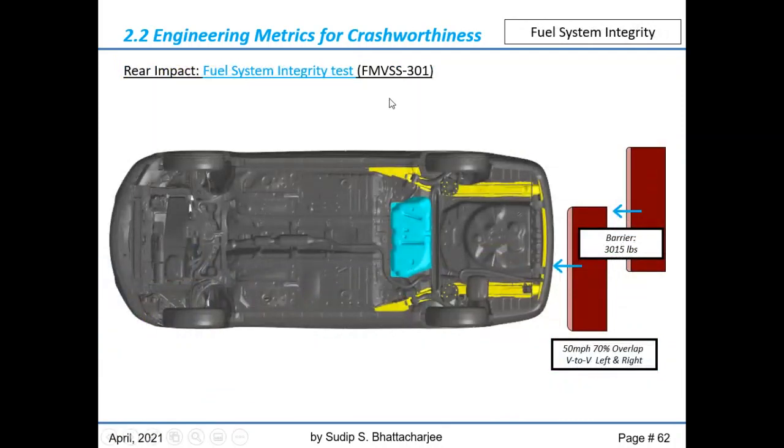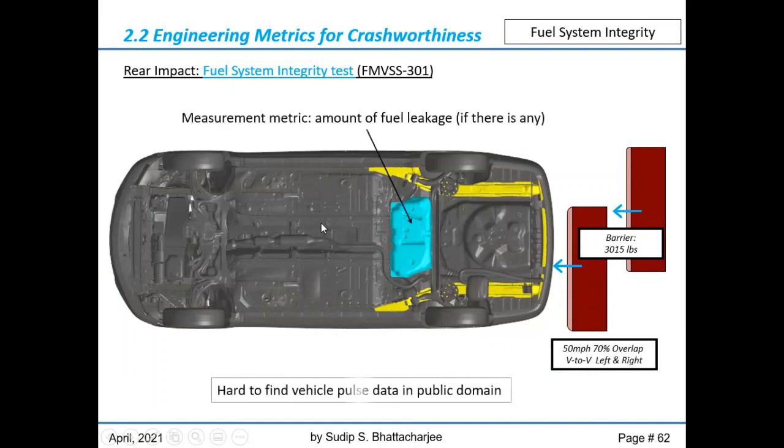Moving on now to FMVSS 301, which is basically a fuel system integrity test. It doesn't have any other measurement metric, no instrumented dummy obviously, and no structural pulse measurements.